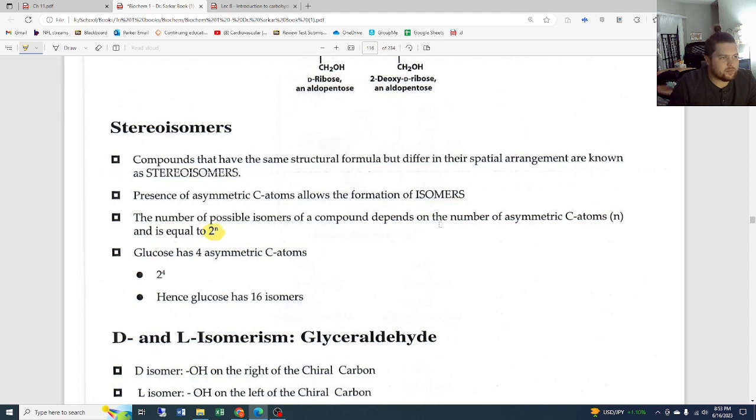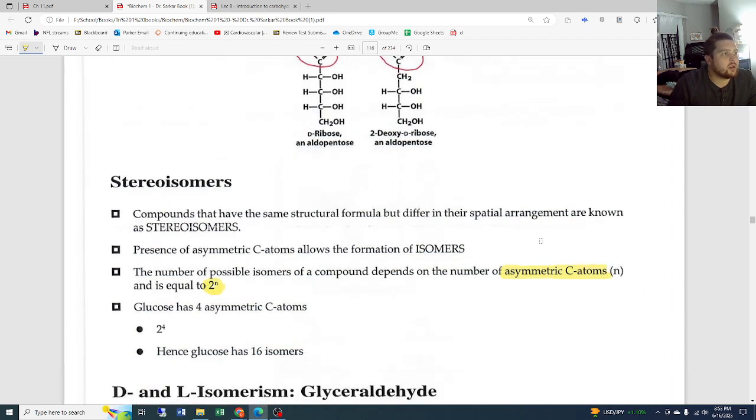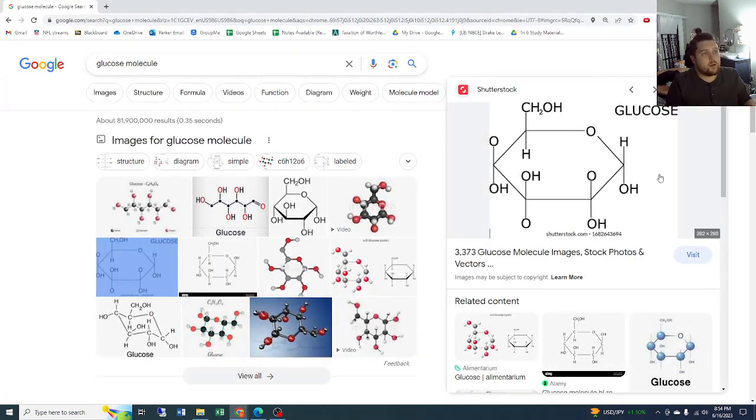What this is saying is that when the number of asymmetric carbon atoms... so let's actually pull up a glucose. Here we have our glucose.